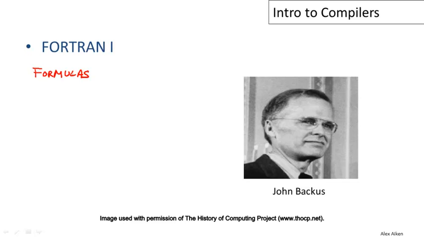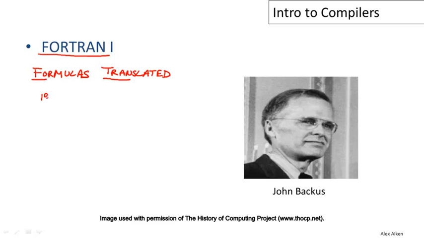And he thought if first the formulas were translated into a form that the machine could execute directly, that the code would be faster, while still allowing the programmer to write the programs at a high level. And thus was the Formula Translation Project, or Fortran project, born.